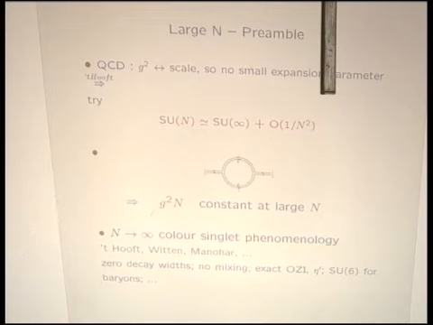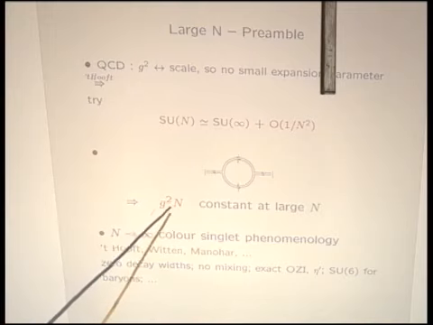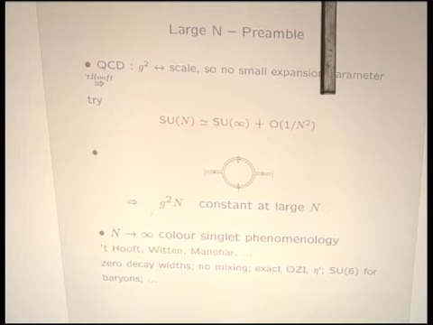What do we know about that limit? Well, we know quite a few things about the limit, and I'll only mention a couple of things. One of the things we know just by looking at Feynman diagrams is that in order to have a smooth limit of that kind, we should take it with g squared times N being constant at large N, up to corrections of order 1 over N or 1 over N squared.